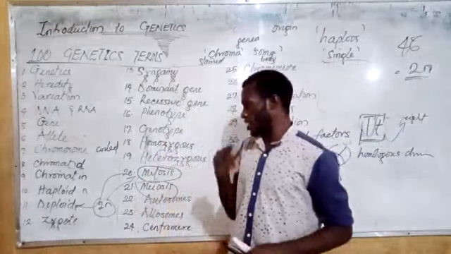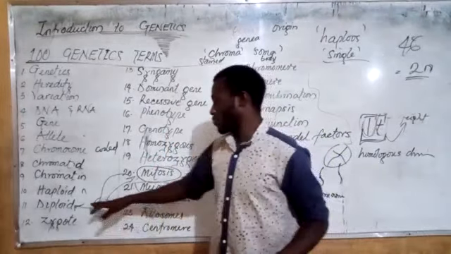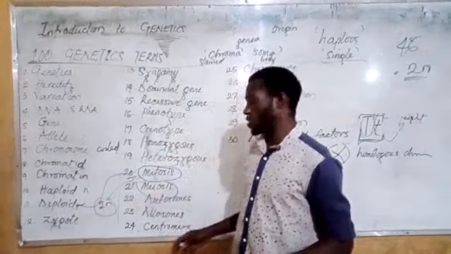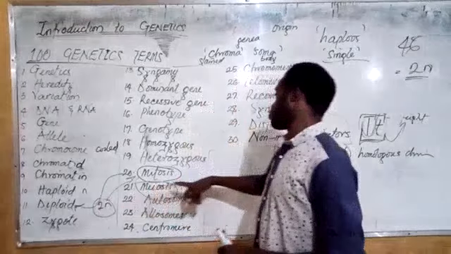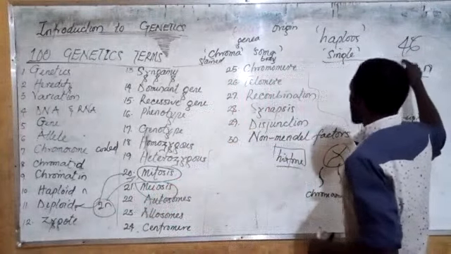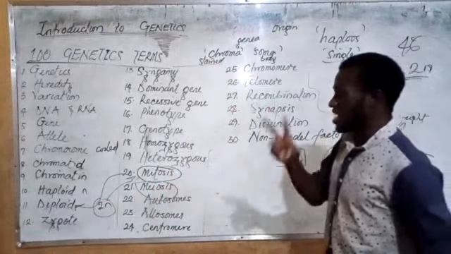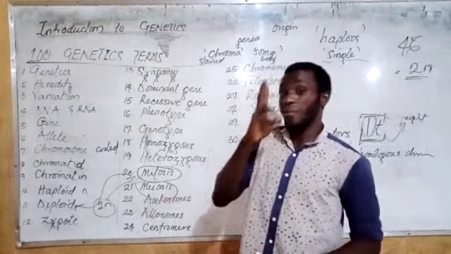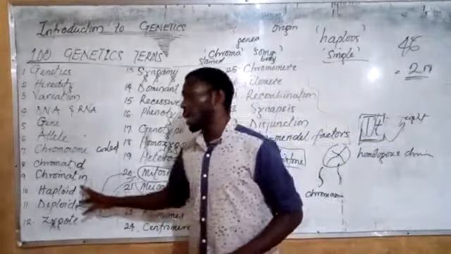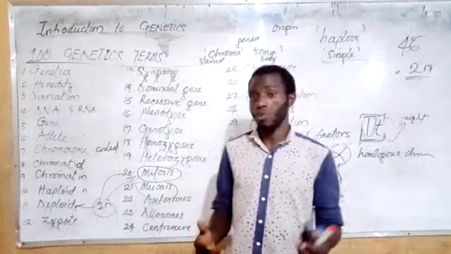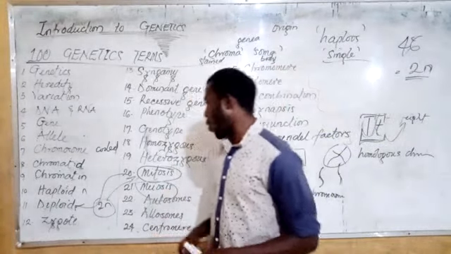And I'm going to tell us the implication of that later on. Now, the diploid cells of our body, which are the somatic cells, are going to have 46 chromosomes, which are 23 sets, 23 pairs. All right. And the haploid cells of our body are basically non-somatic cells, which are the sex cells or gametes.